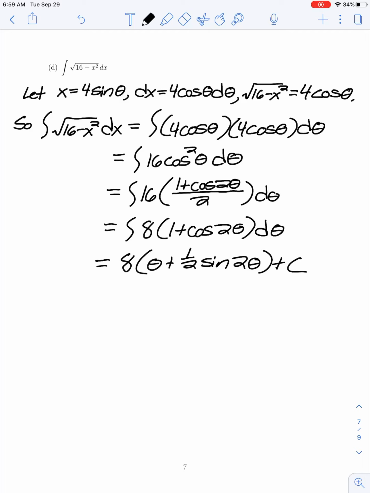Now, again, we want to move from an answer involving the variable theta to an answer in terms of x, the same variable that we started with. And what's a little tricky about this example is that our answer involves a sine of 2 theta instead of just trig functions, say involving sine, cosine, tangent, secant, cosecant, cotangent of theta.